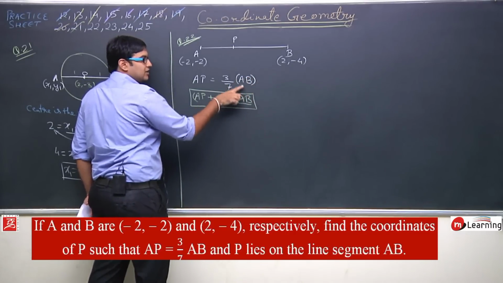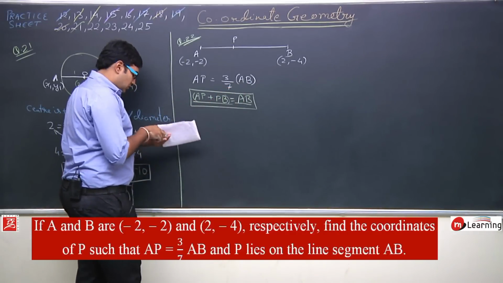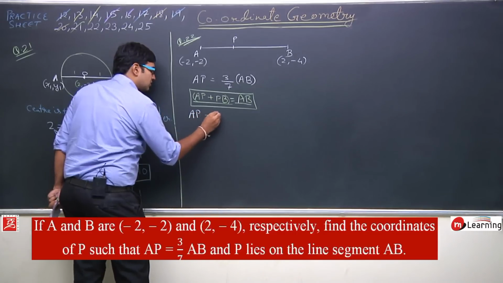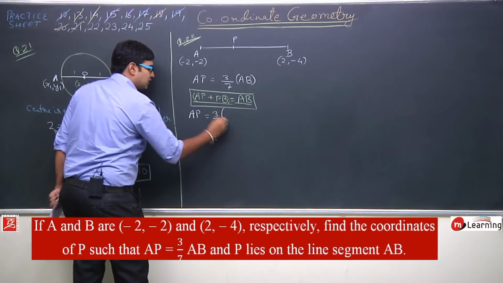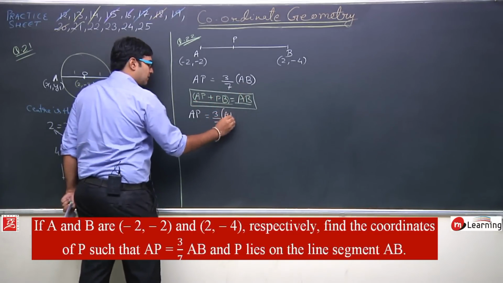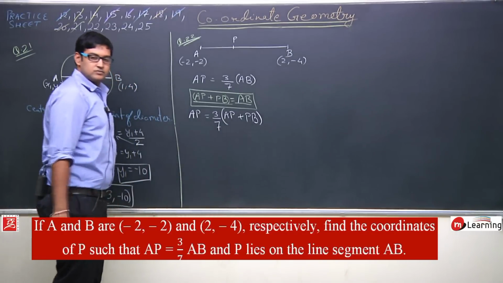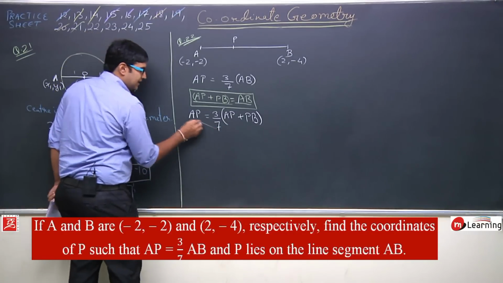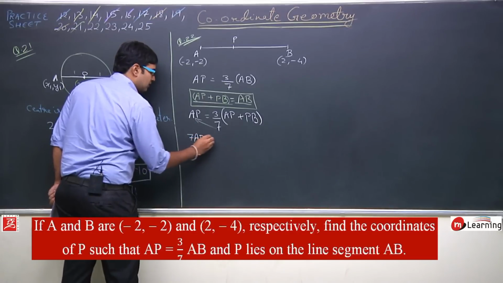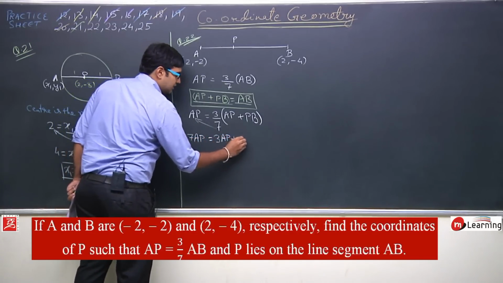In place of AB I can write AP plus PB, so the condition becomes AP equals 3/7 of (AP plus PB). Now multiply by 7 here. It will give you 7AP equals 3AP plus 3PB.